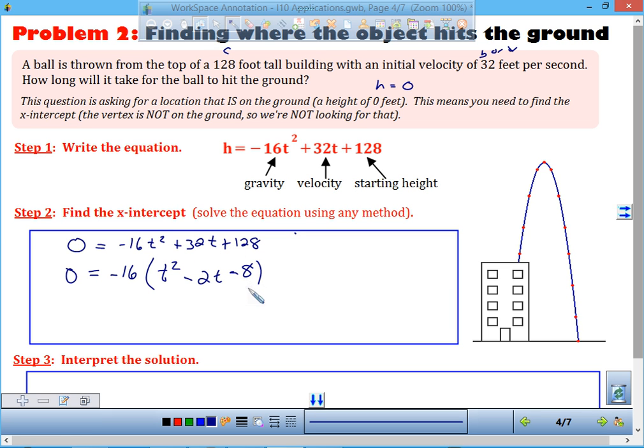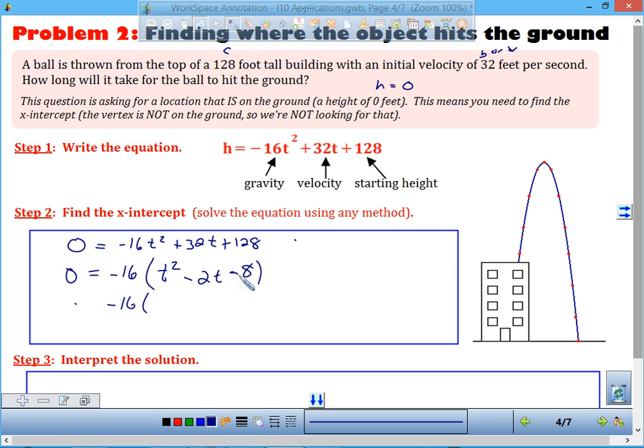I think 128 divided by 16 is 8. And then now I factor here. Factors of negative 8 that add together to give me negative 2. So we have negative 16, not equals.